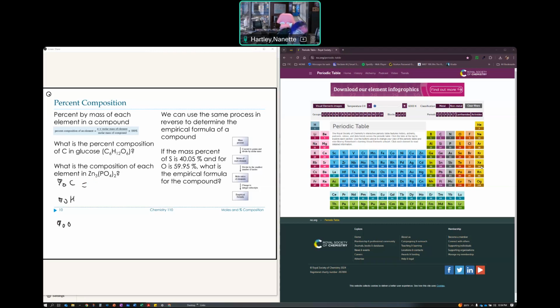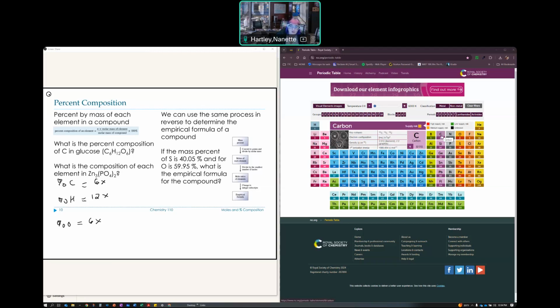So I have 6 times the mass of carbon. I have 12 times the mass of the hydrogen. And then here I'm going to have 6 times the mass of the oxygen. Now I need to go find out what those masses are, right? So I'm going to come over here and look at the carbon that's present. I'm using this table. It's a little bit different than the one we have in the exam handouts, but it's the same idea.